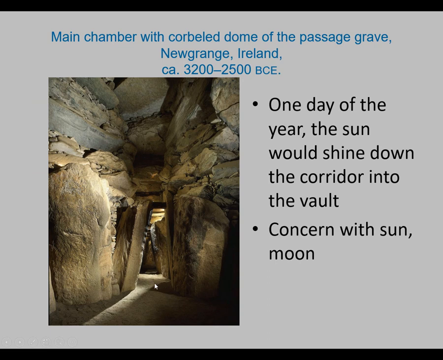One day of the year, the sun would shine down the corridor into the vault. And so we see in agricultural cultures a concern with the sun and the moon. That is a very logical thing to jump to, but it is a thing that is backed up over and over again by other monuments.